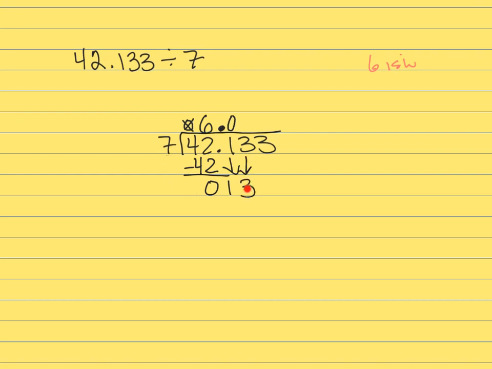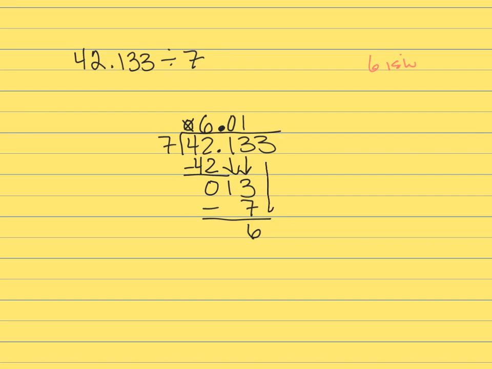How many 7s into 13? Just 1. 2 would be 14, so that's just a little over. So we're going to have to just go with 1. I get 6 left over. This is smaller than this. If this remainder, before I bring down the next number, is larger than this, then that's a message to me saying, ooh, this could have gone another time. So I always check that. Is this smaller than this? Yeah, barely, but yeah.